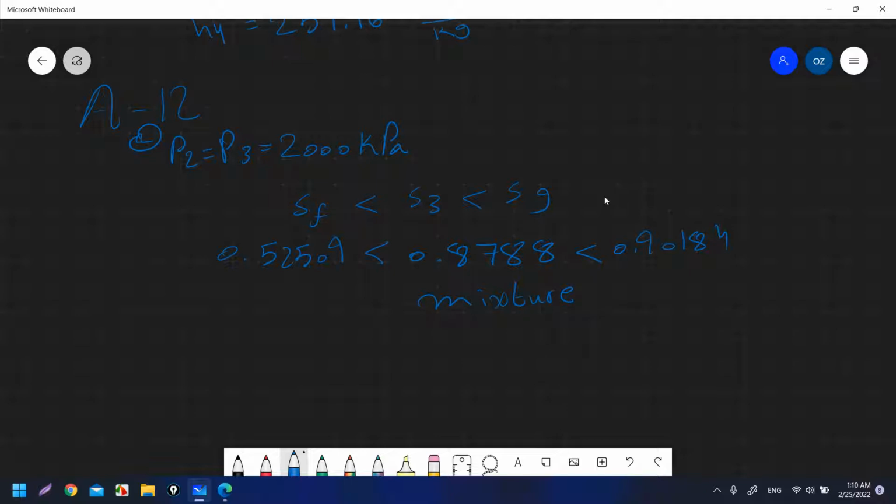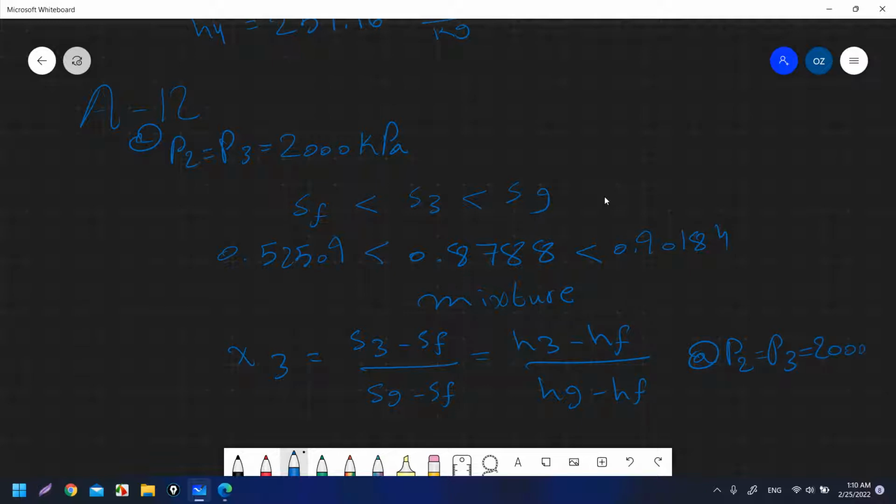Always when you have a mixture, you find the quality. So the quality X3 is equal to S3 minus SF over SG minus SF, and then I can use the equation again for the enthalpy. H3 is equal to HF plus X3 times HFG, at which pressure? At pressure P2 equal to P3, 2000 kilopascal, because I am calculating for H3.